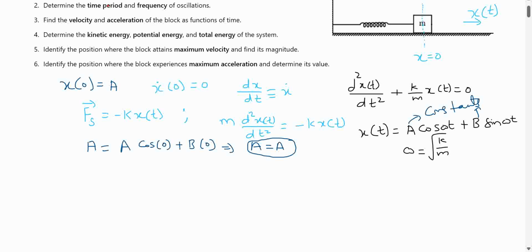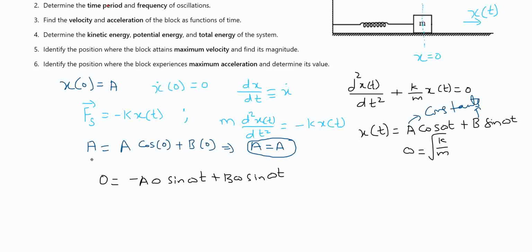The other initial condition is x dot of 0 equal to 0. So let's differentiate, and when we differentiate, we have to equate to 0. A cos omega t will be minus A omega sin omega t, plus b sin omega t is b omega cos omega t.